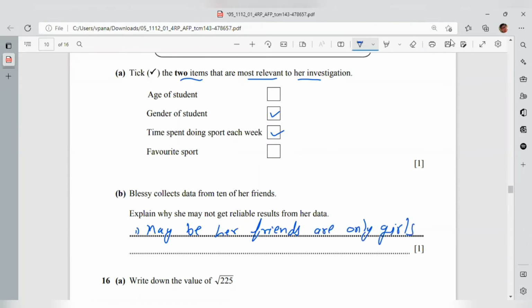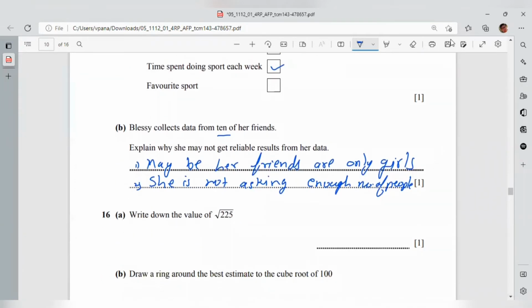Or you can say that she is not asking enough number of people. She's asking only 10. So she is not asking enough number of people, right? So any one reason you write, you get the marks here.